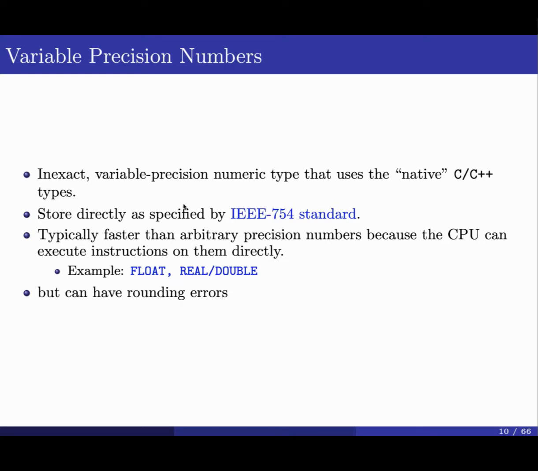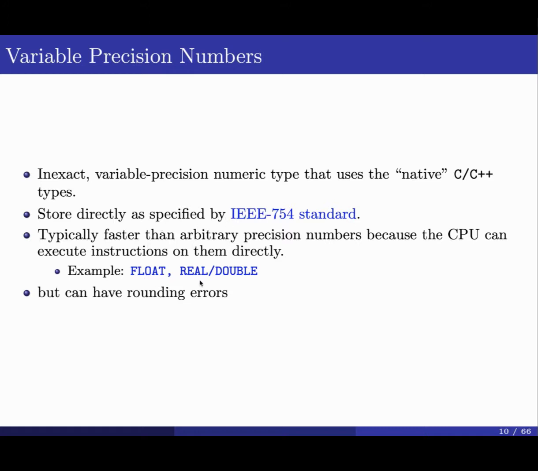This kind of data type is fast, because I don't need a special handling of these data types. I rely on whatever C or C++ does when I define my variable, and it takes care of the rest.